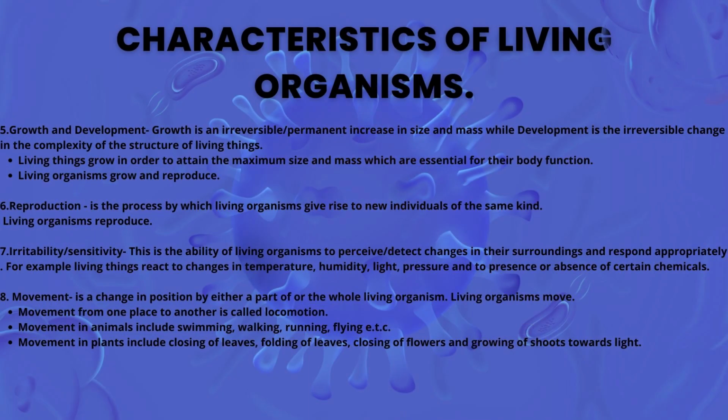Our sixth characteristic is movement. Movement is defined as a change in position from one place to another. Even though movement in plants is not the same as in animals. The movement in plants we call a localized movement, whereby the plants move by their parts, and the animals move from one place to another. A movement that does not involve moving from one place to another is a localized movement.